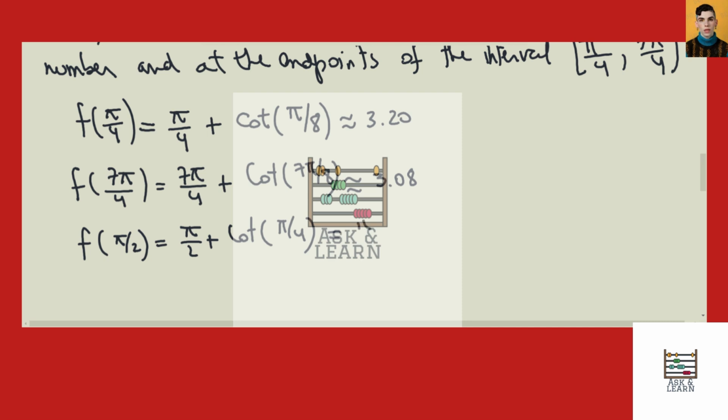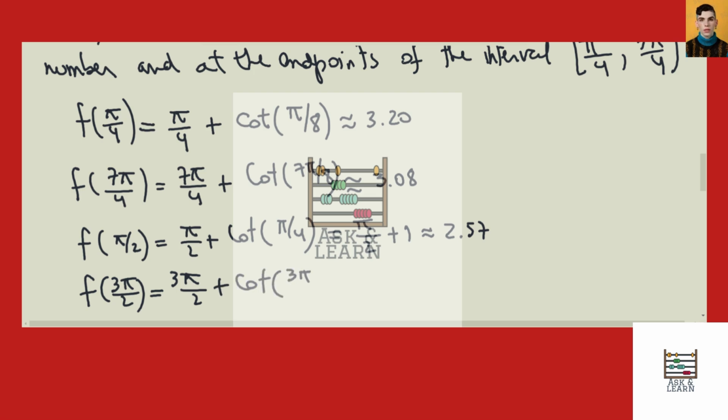So this is exactly pi half plus 1. And to have a reference of comparison with the previous values, this is approximately 2.57.